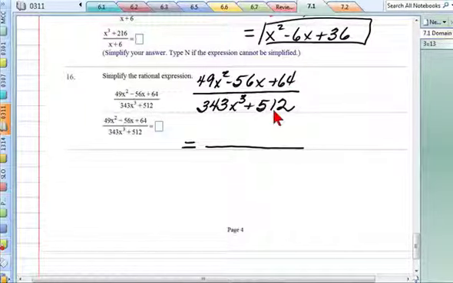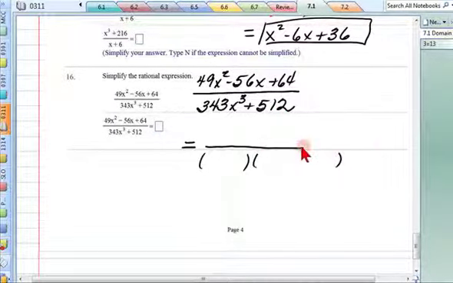Yeah, the numbers are big, but would somebody test them for me and tell me whether they are perfect cubes? Is 343 a perfect cube? Yes. And its cube root is? 7. Okay. Is 512 a perfect cube? Yes, and its cube root is? 8. Okay. This is the sum of two cubes.